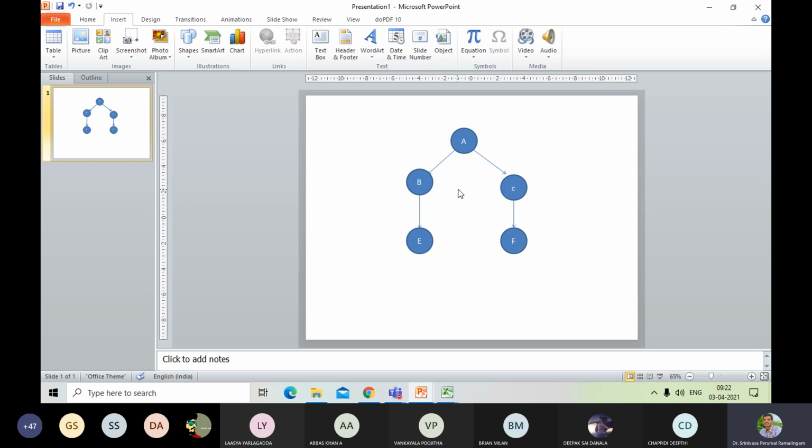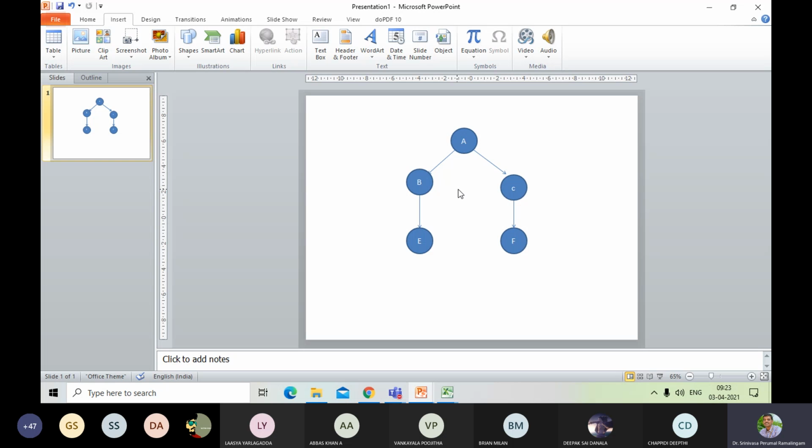So you see the flow. First it will take level 0, in either depth first or breadth first. If it is depth first, the element on the left hand side, B, is taken. Once the left hand side is completed, then only the next.